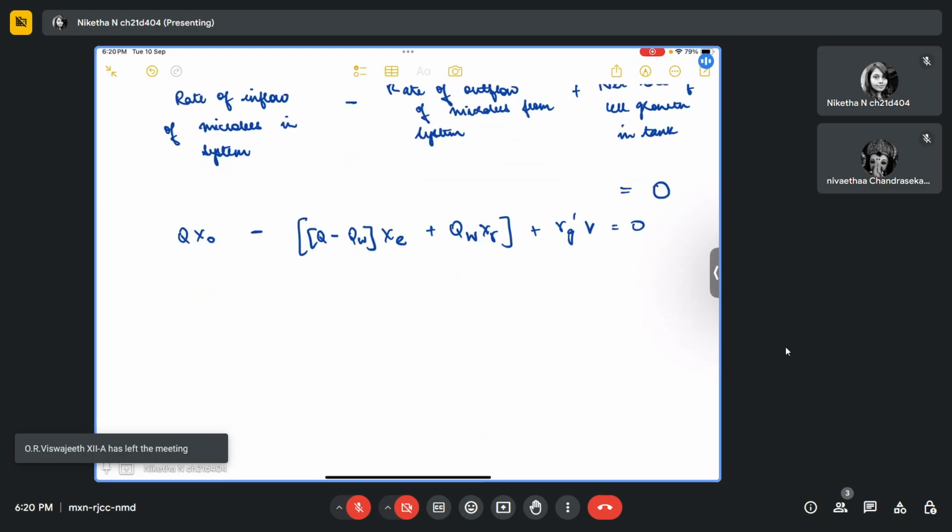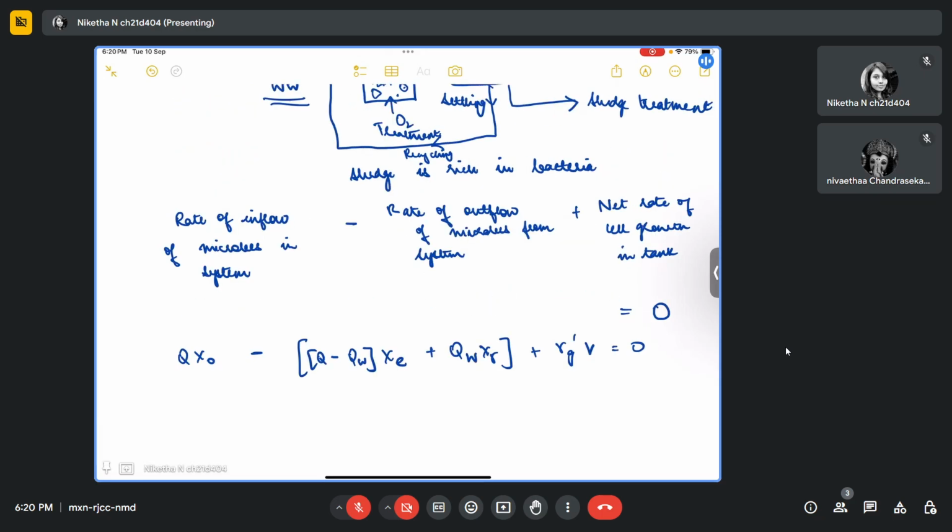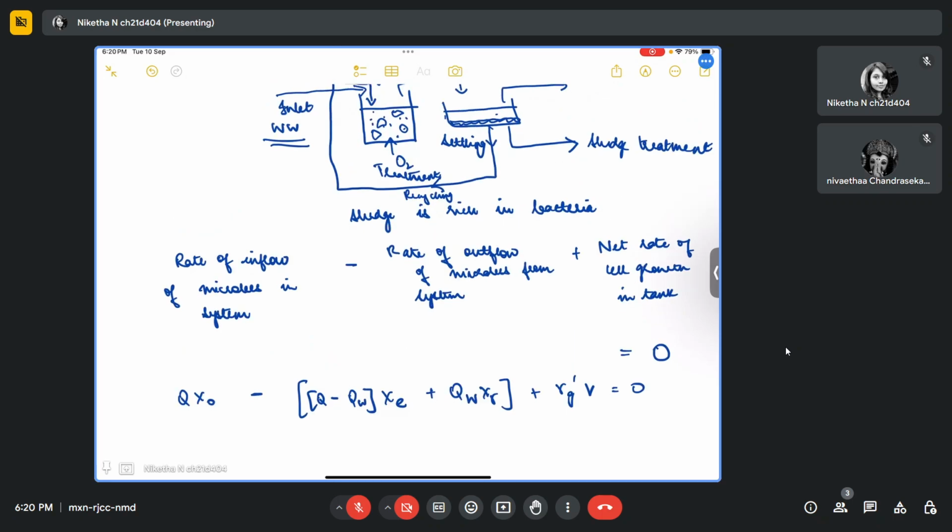So that is represented by Qw, and Xe is the concentration of the microbes that is coming out in the effluent.